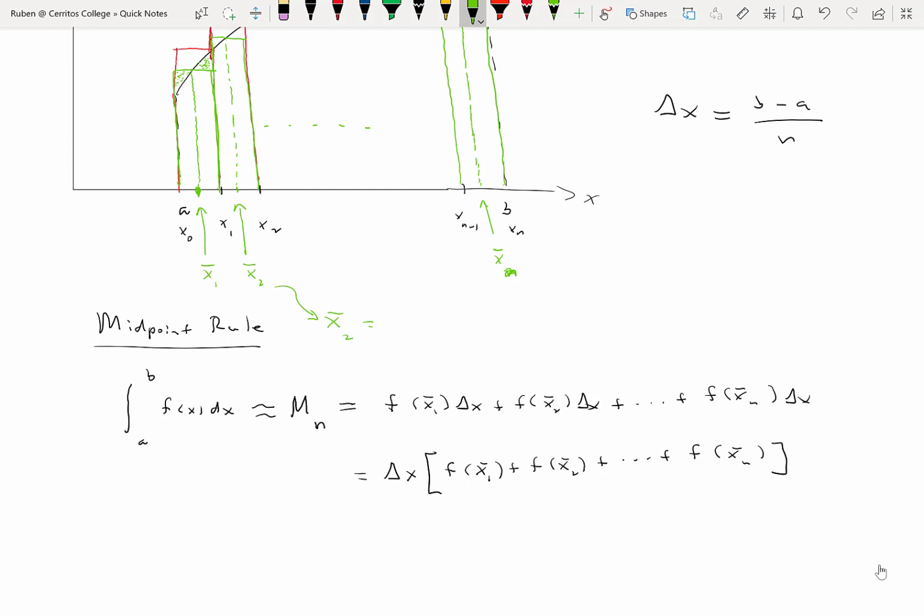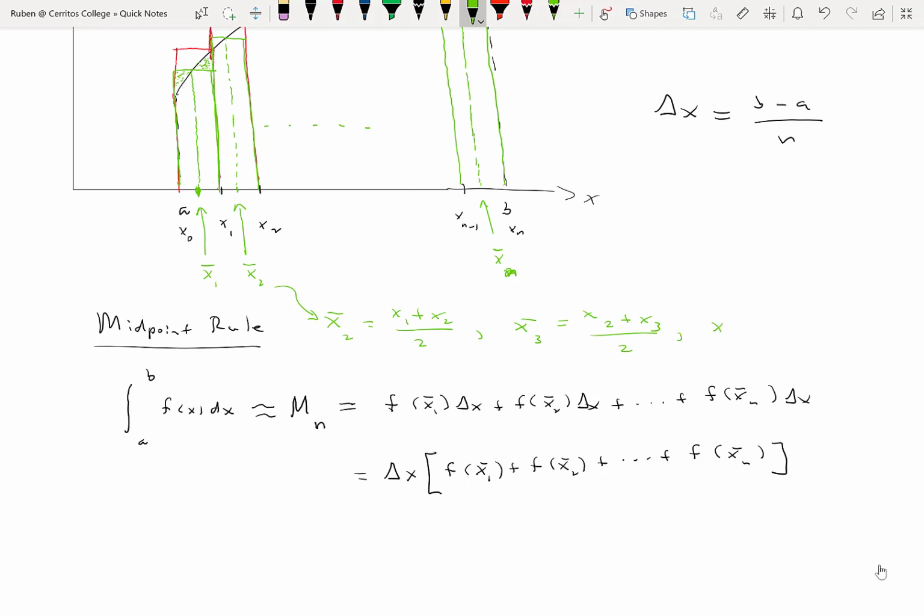It's equal to the average of x sub 1 and x sub 2, so it's x sub 1 plus x sub 2 over 2. So x sub 3 bar would be x sub 2 plus x sub 3 over 2, etc.